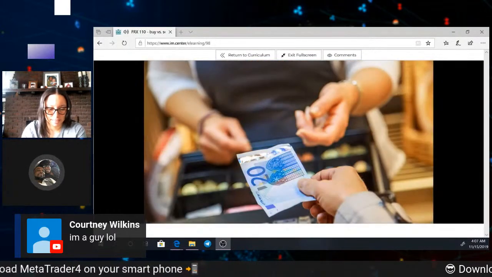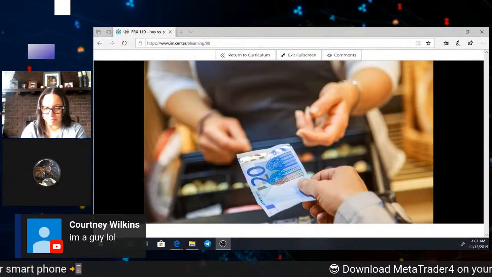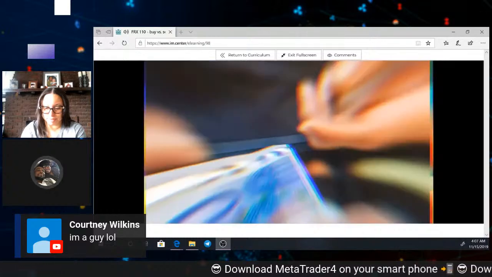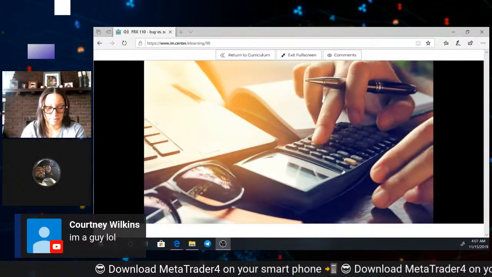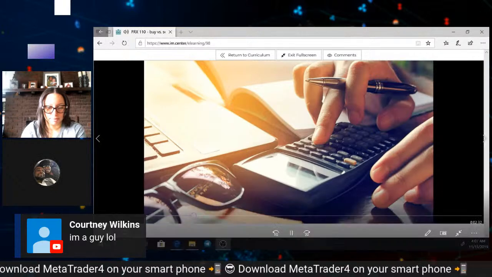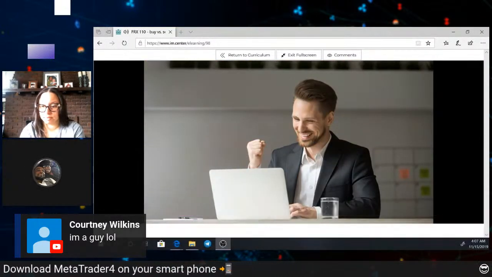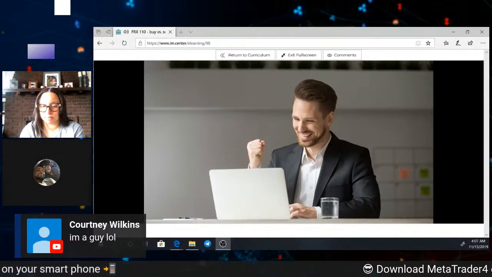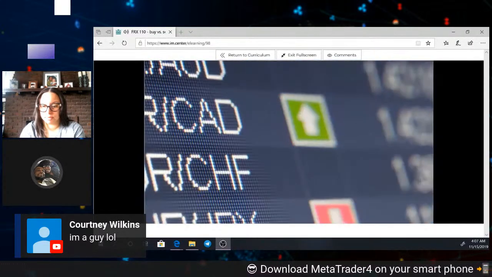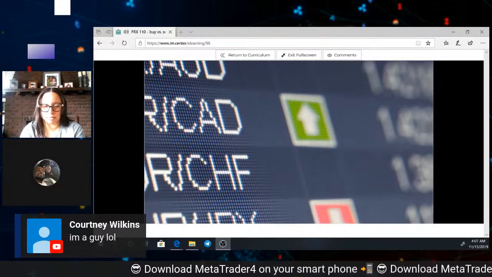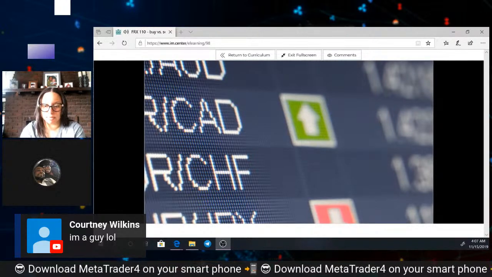A retailer likes to purchase goods when they're low and sell goods when they're high. The reason being is because as the goods exchange in value, they stand to make a profit. Now, we can apply the same exact concept to the Forex market where we're buying and selling currency pairs and making money as the value is exchanging.